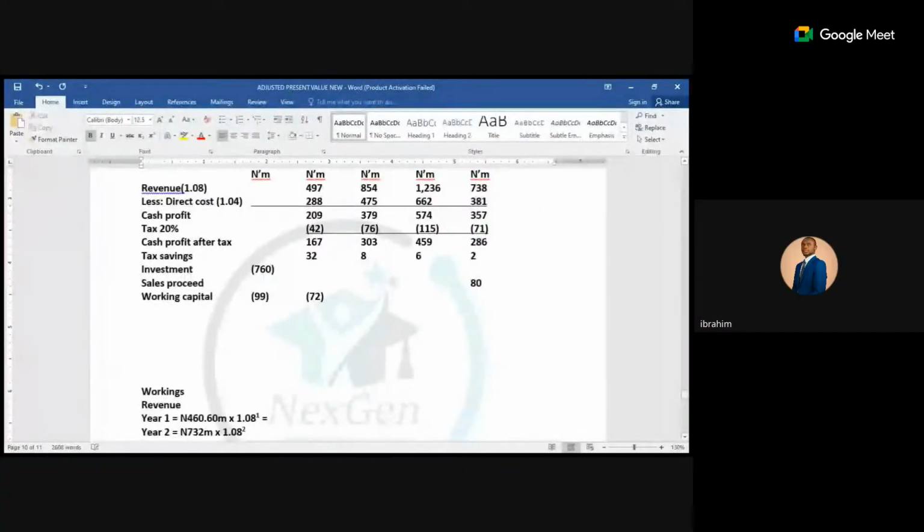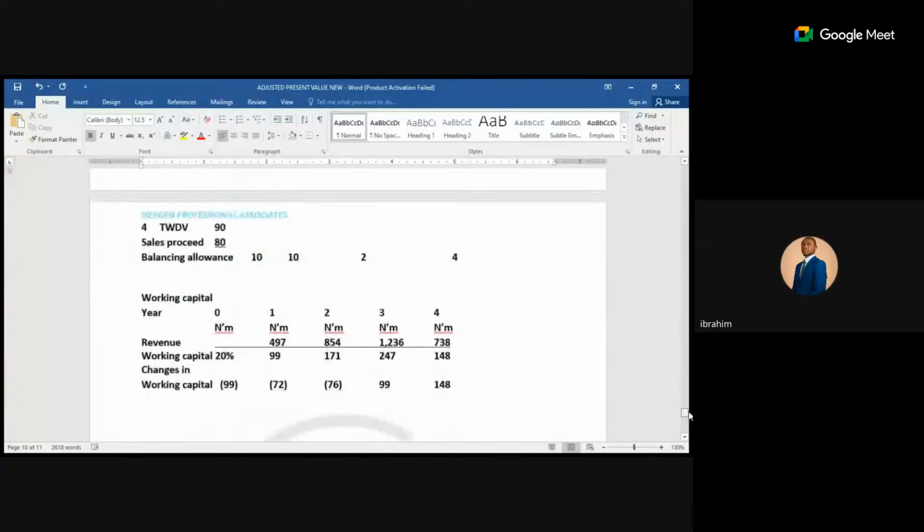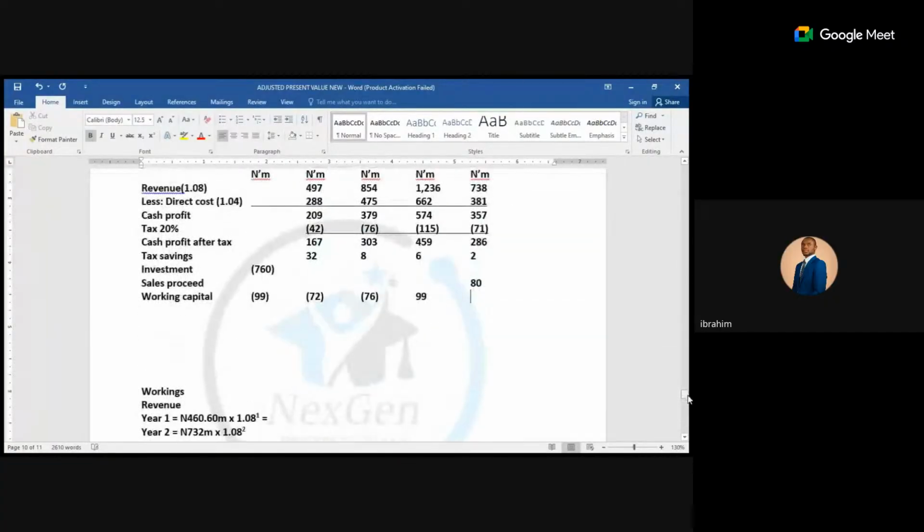What do we have here? 76. 76 negative. What do we have here? 99. Positive, right? The last one is also positive.